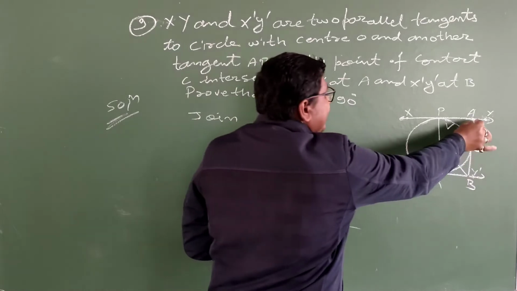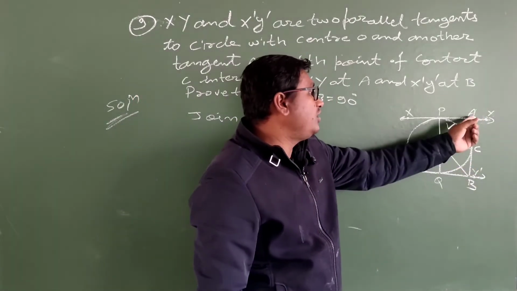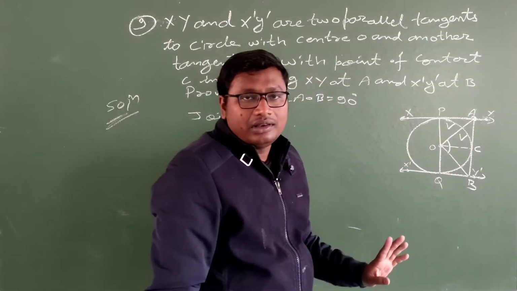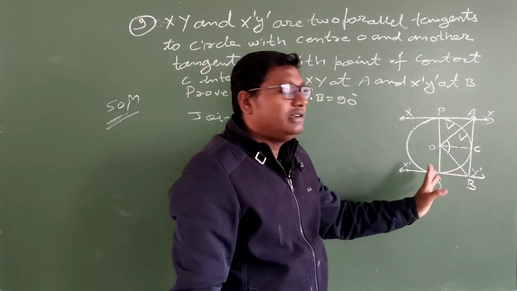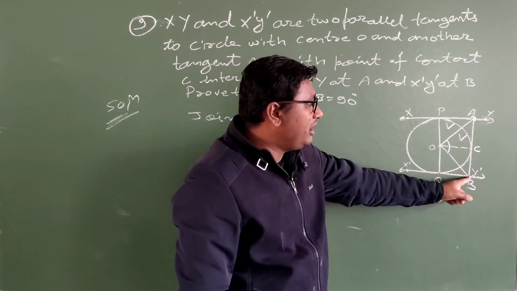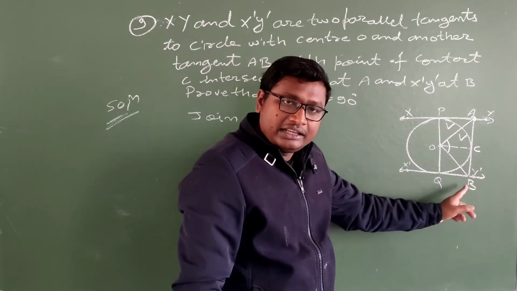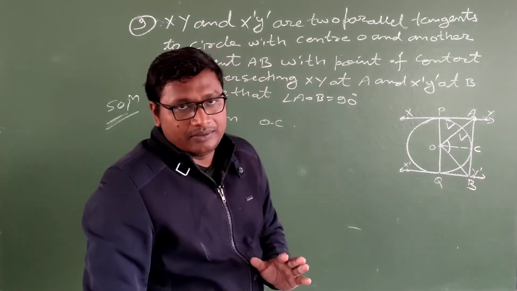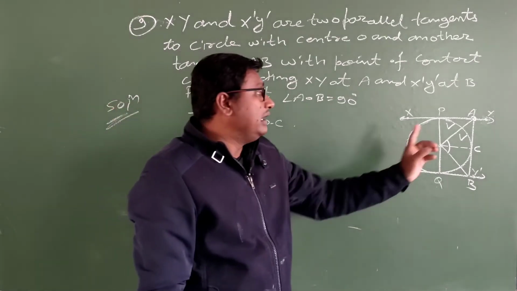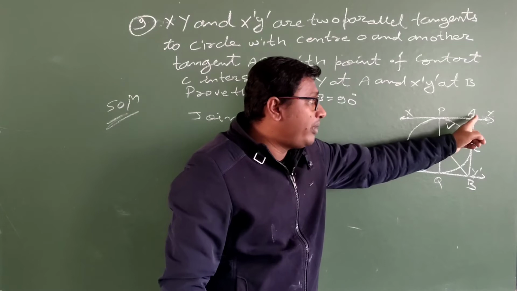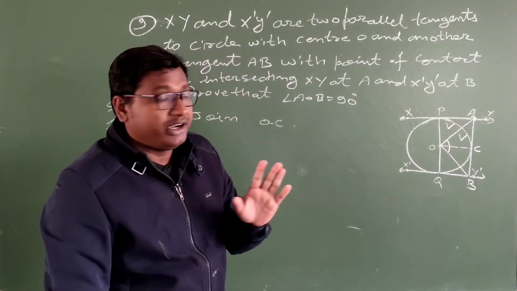If we take A as an exterior point, then the lengths of AP and AC will be equal, because PA and AC are tangents. Again, if B is an exterior point, then the tangents BC and BQ will be equal, because we have already studied in the circle chapter that the lengths of tangents from an exterior point to the circle are equal.